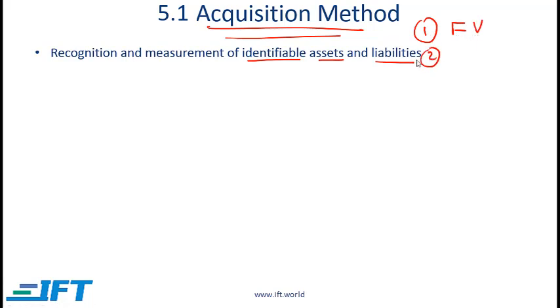The second point is that if the investee or the company which is being acquired has developed some intangible assets such as copyrights or patents, and since those intangible assets which are identifiable have been developed internally, it is possible that the book value is zero.